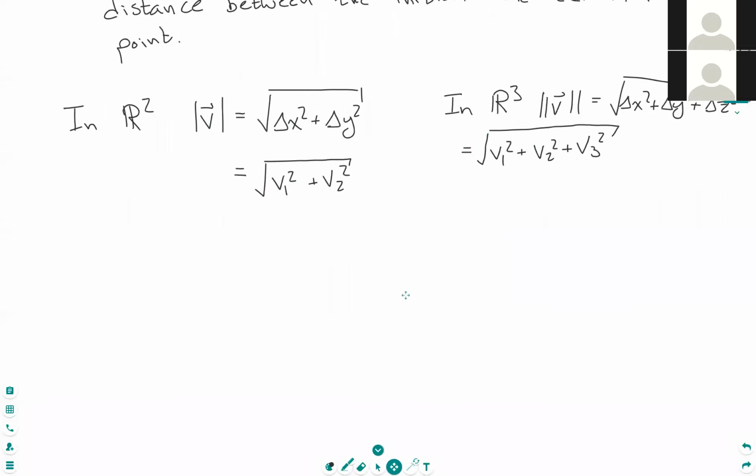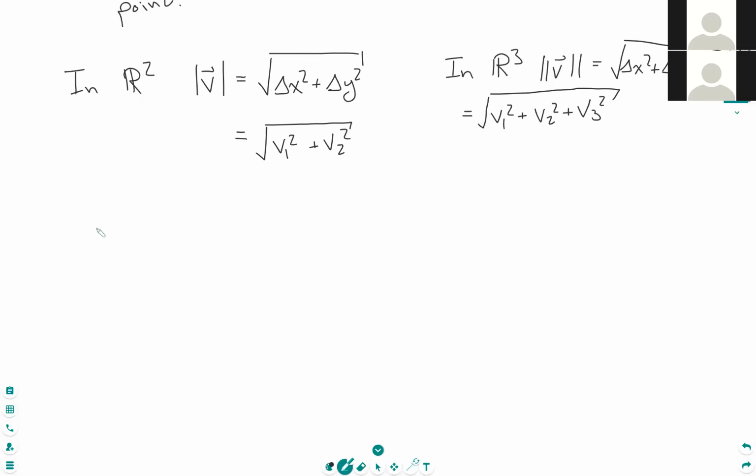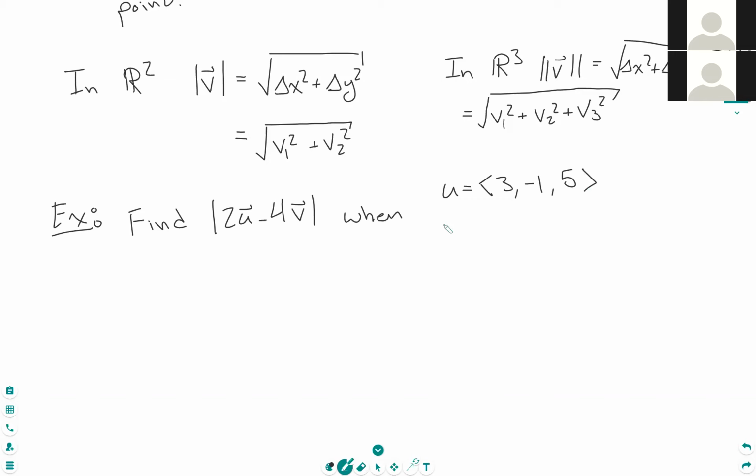Okay, so let's do another example. Let's find the magnitude of 2u minus 4v, when u is equal to 3, -1, 5, and v is equal to 0, -3, 2.